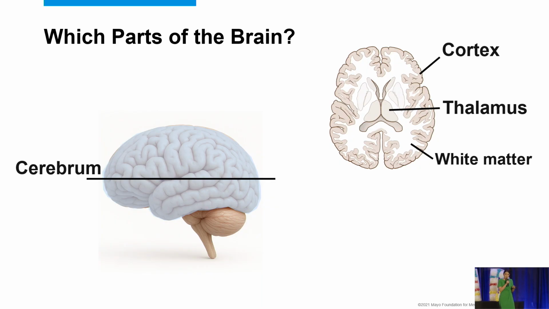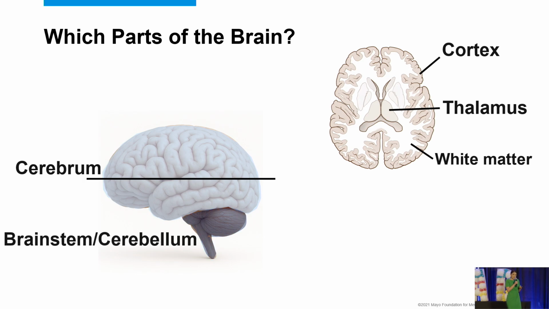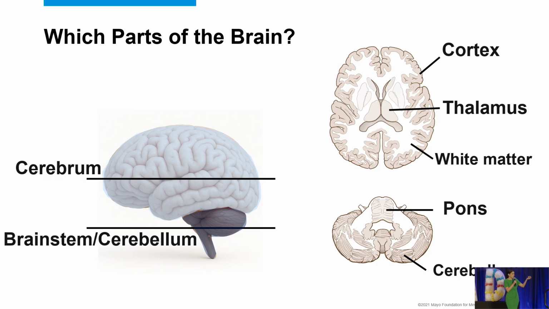We also have the white matter that can be involved, a sort of highway connecting the different regions of the brain. Then we have the brainstem and the cerebellum. These other regions of the brain can be involved as well. Now we cut it once again, and this is what we see.